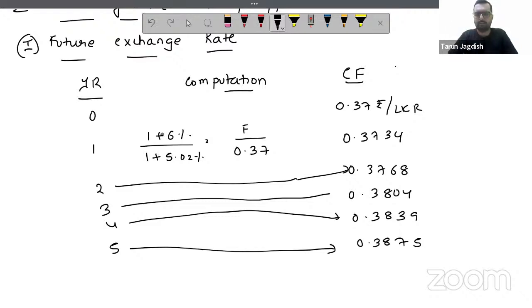That's a common factor. Press into 2 times. Then you do 0.37. Equal to. You go on pressing, you'll keep on getting these answers. Okay, thank you.